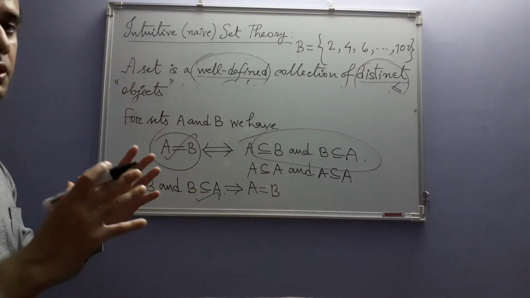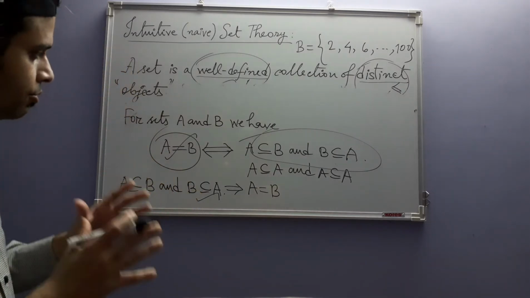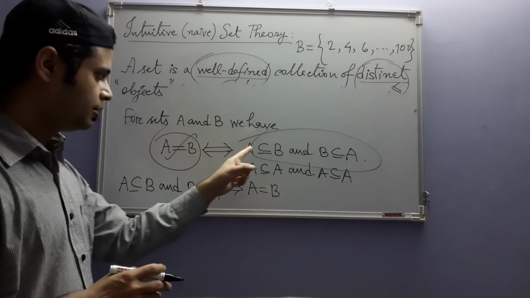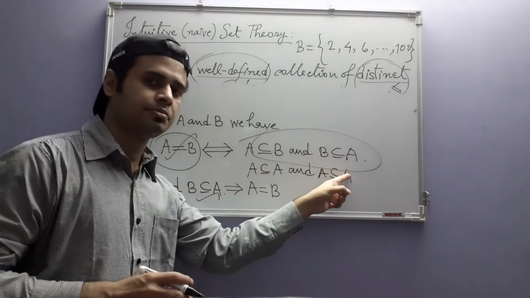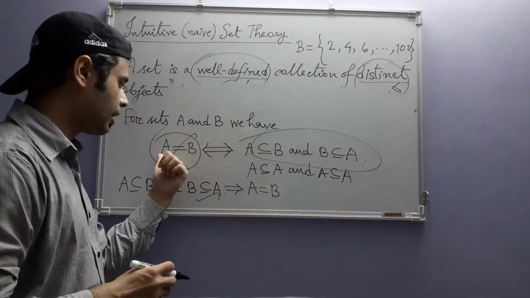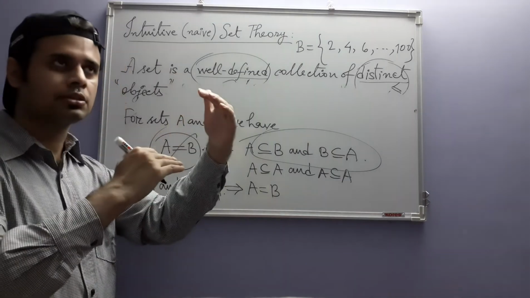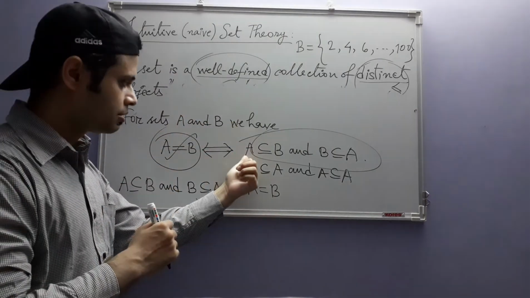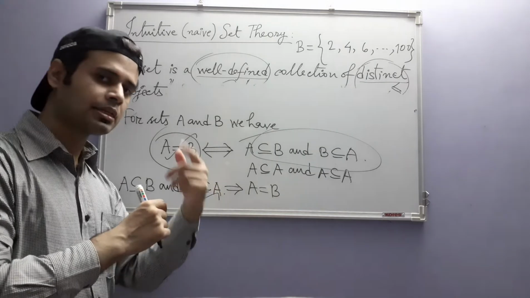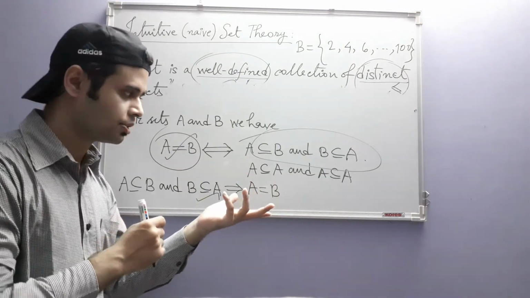Now this is a standard procedure for proving that two sets are equal. You show this and this. Okay, when you are asked to show that two given sets are equal, you show that either of them is a subset of the other. That is the standard procedure.